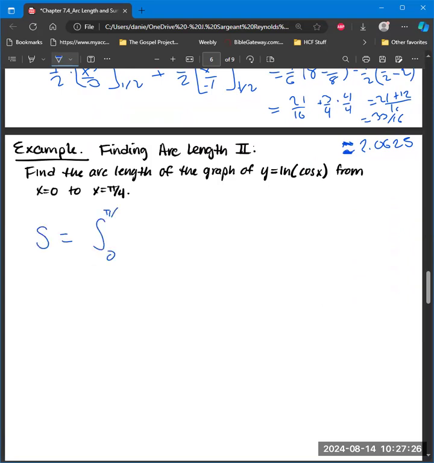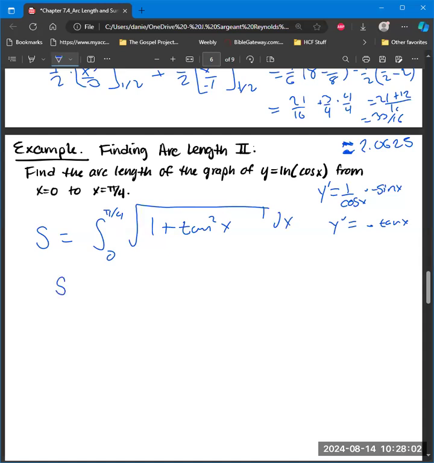The integral from 0 to pi/4 of the square root of 1 plus, and then the derivative of this is going to be 1 over cosine times the derivative of the inside, which is negative sine. So y prime is going to be negative tangent of x. When I square that, that's going to be tangent squared of x dx.